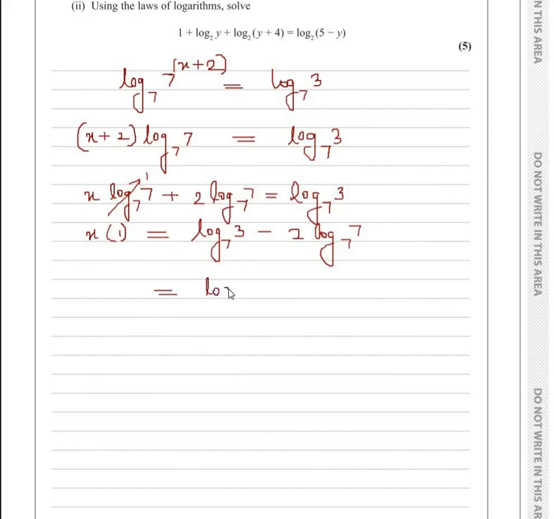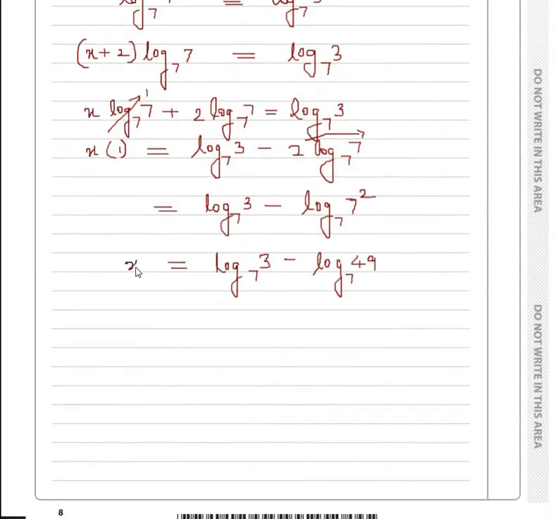This simplifies as log 3 to the base 7 minus log 7 to the power of 2, the 2 goes as a power of 7. So this simplifies as log 3 to the base 7 minus log 49 to the base 7.